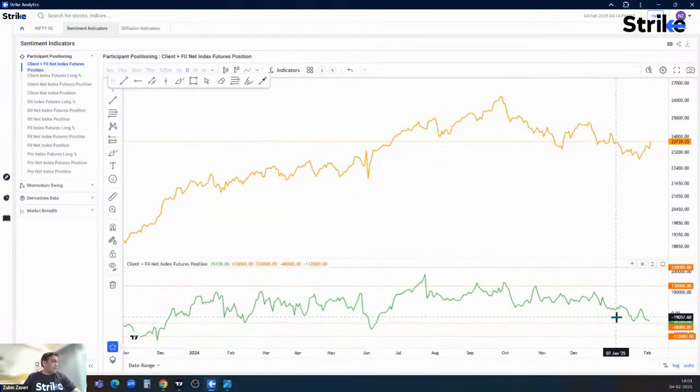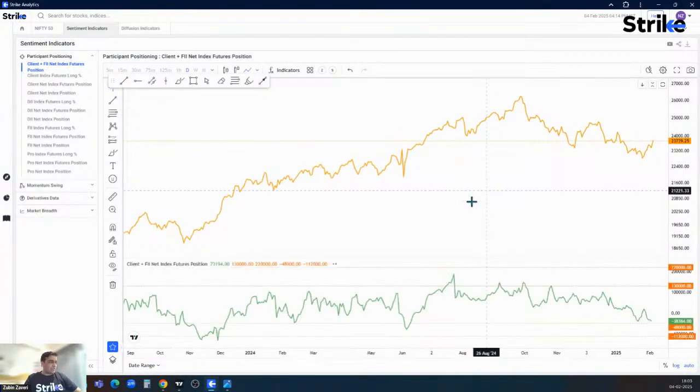Plus the FII, foreign institutional investors, their net position in the futures. Net position meaning some of them are long, some of them are short. Net to net maximum, what are they? So as of now, you can see that they are in a short position. All right. And sometimes there is an extreme reading.